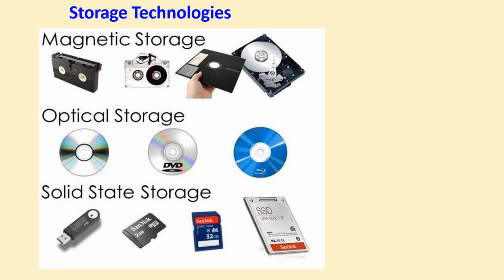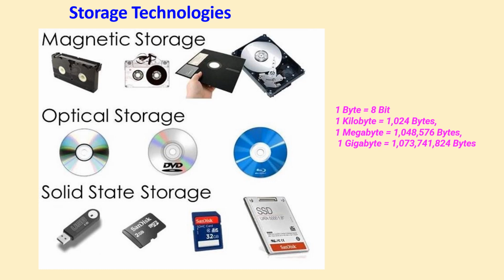And also there are solid state storage devices like USB or flash drive, memory cards, and also solid state drives. And the units in memories are 1 byte equal to 8 bits, 1 kilobyte is 1024 bytes, 1 megabyte is 1024 into 1024, and similarly gigabytes and terabytes are also there.